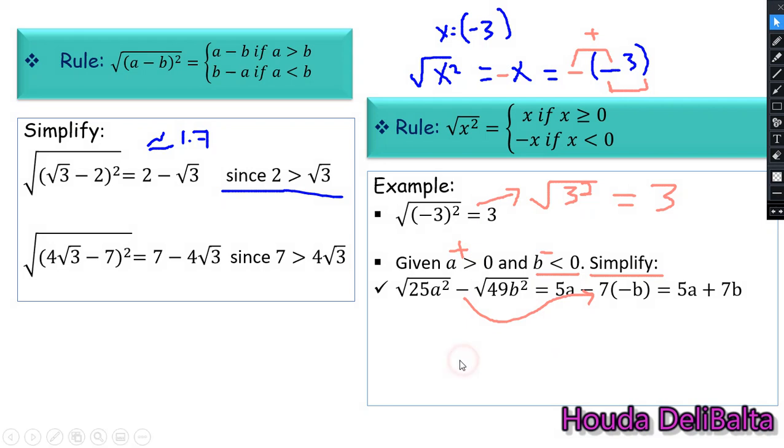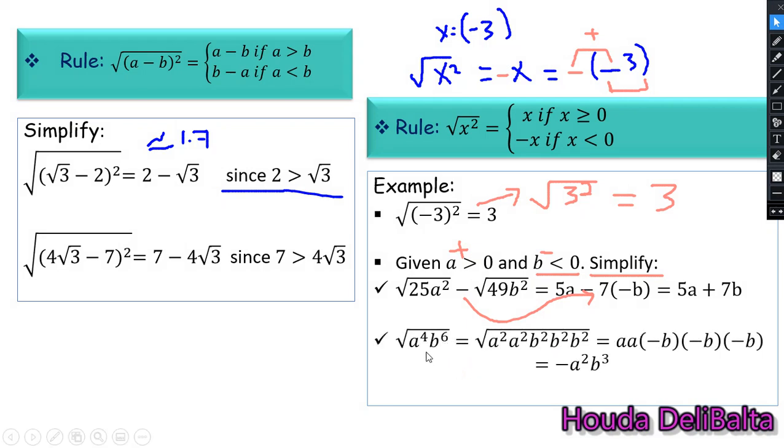Let's continue with the other example. I have radical a to the power 4, b to the power 6. So it is like a power 2, a power 2, b power 2, b power 2, b power 2. This is how to explain this one. Now I can split the radicals: radical a squared times radical a squared times radical b squared times radical b squared times radical b squared.